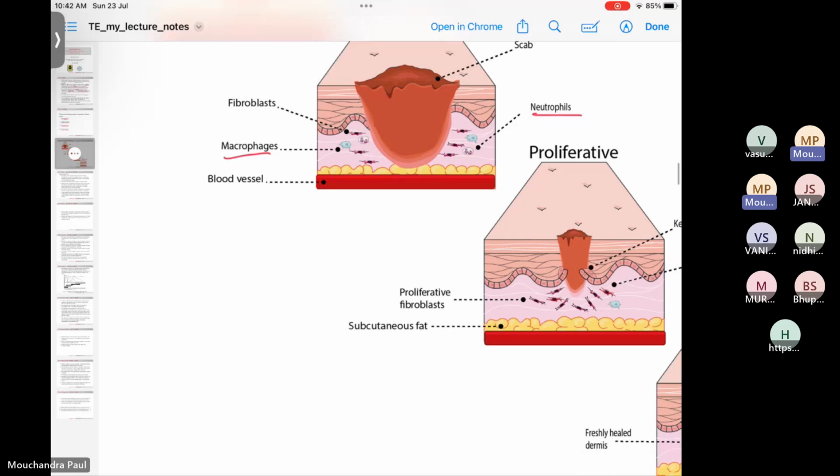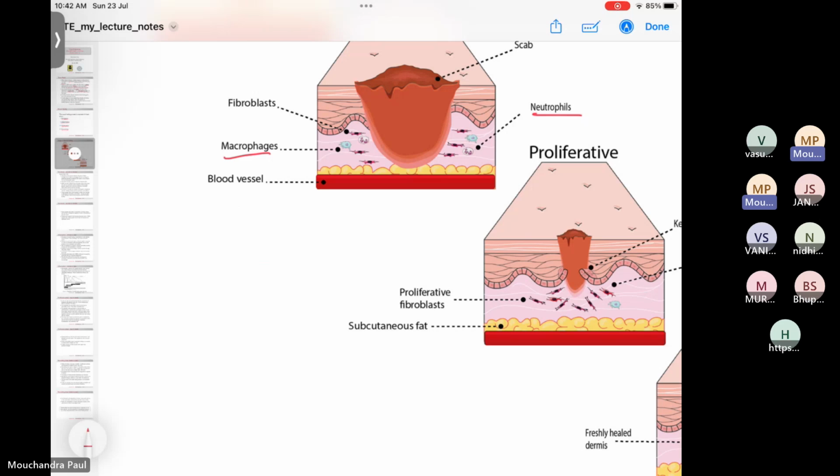Then in the proliferation phase, this is the image of skin basically. During the proliferation phase, the wound has successfully ruptured the dermis layer as well. So here the fibroblasts are the main residents. During proliferation, these fibroblast cells are activated to divide more in order to cover that area, as well as the epidermis layer.